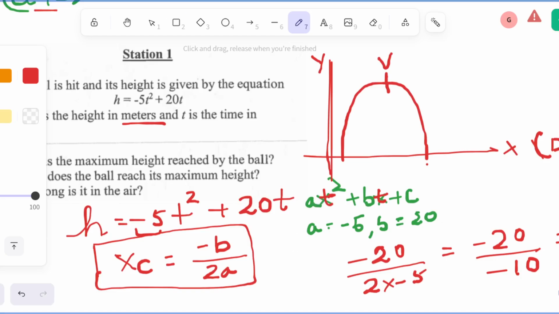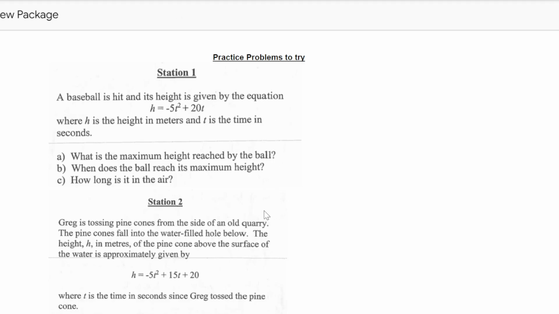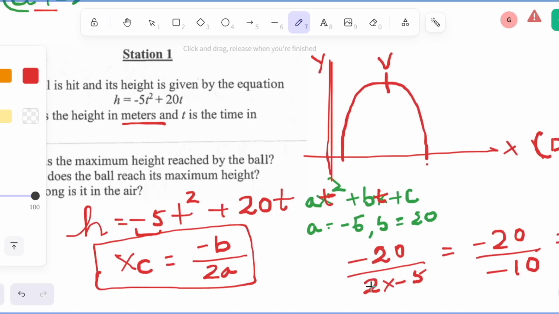Are you getting it, Nathan? Yes, I get it. What is the maximum height reached by the ball? Maximum height would be, the x coordinate is coming out to be, right.